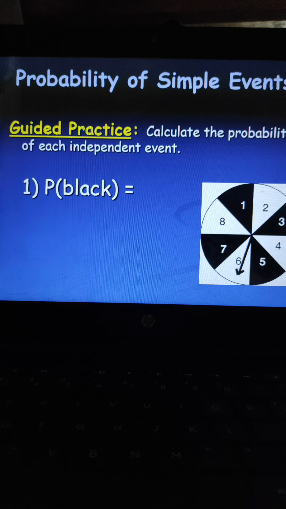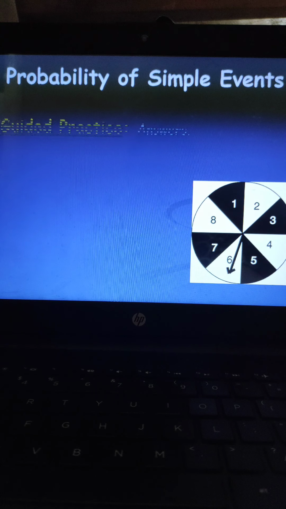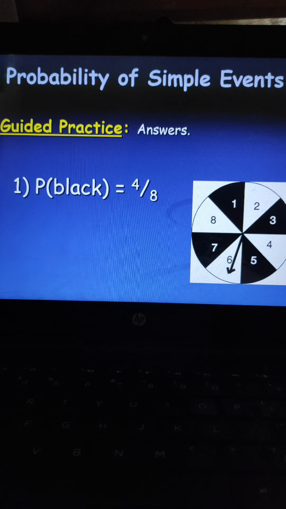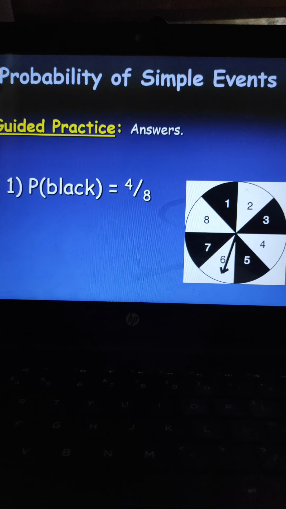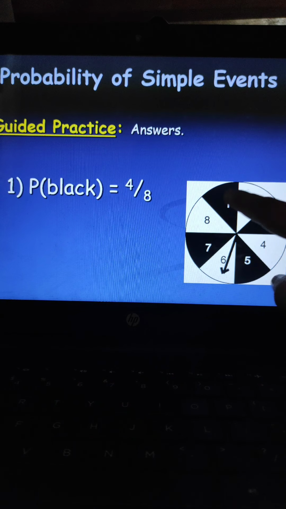I will give you 5 seconds to answer. 5, 4, 3, 2, 1. What is the answer? It is 4 over 8. So why is it 4 over 8?